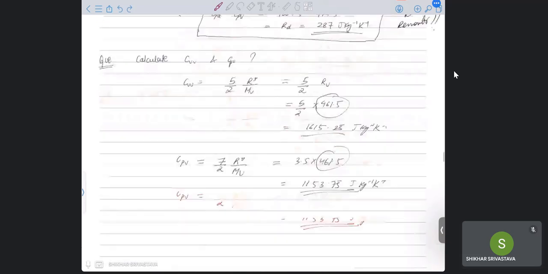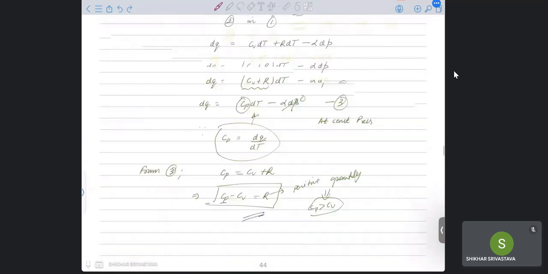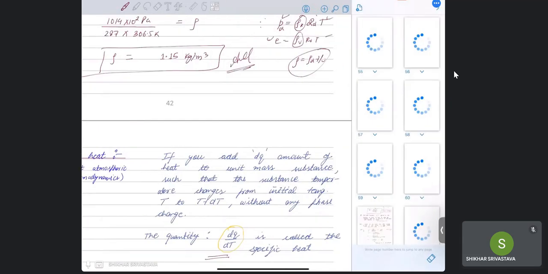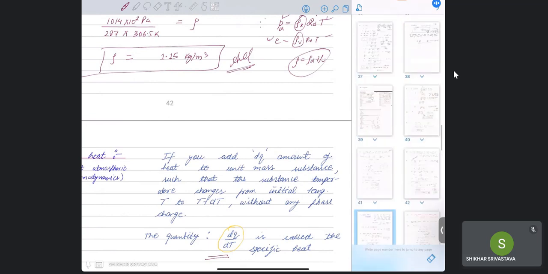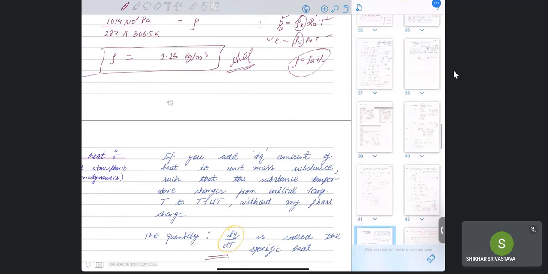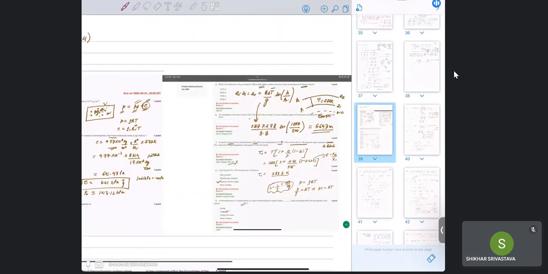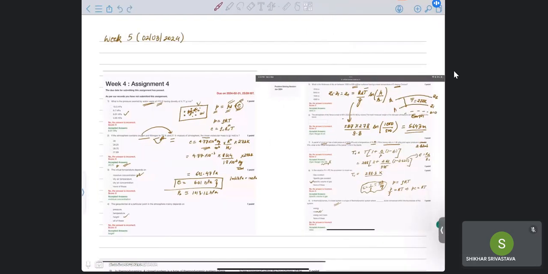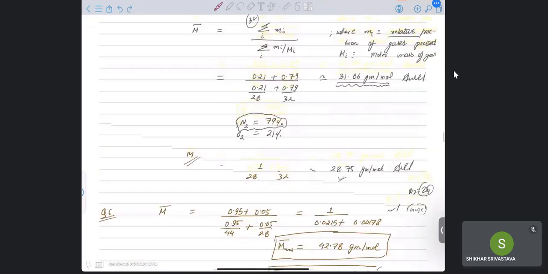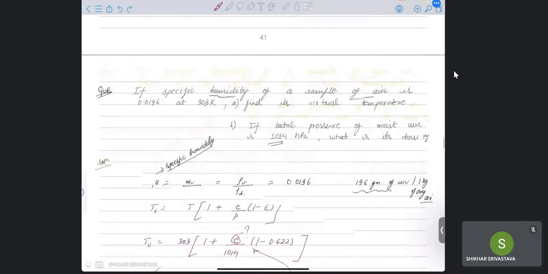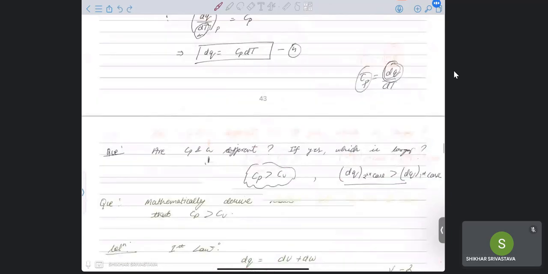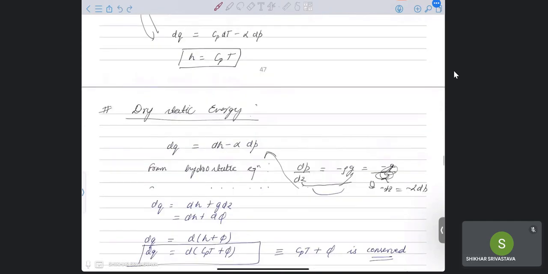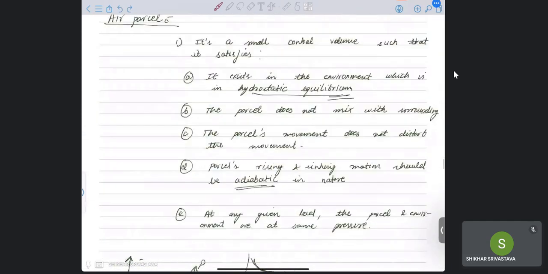I think week 4. No, not week 4. Week 5, okay. In week 5, we discussed this air parcel.